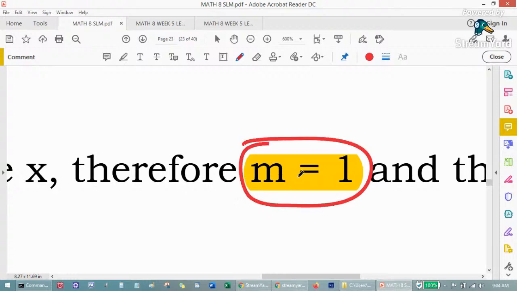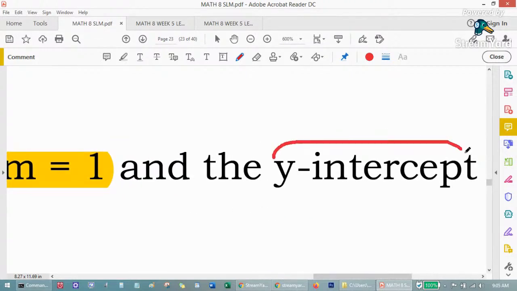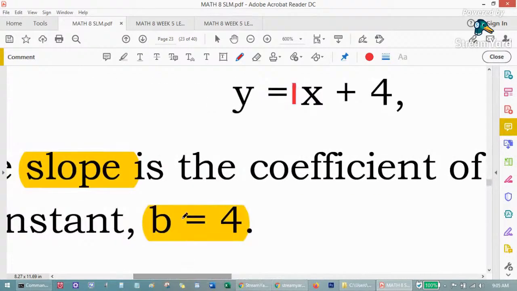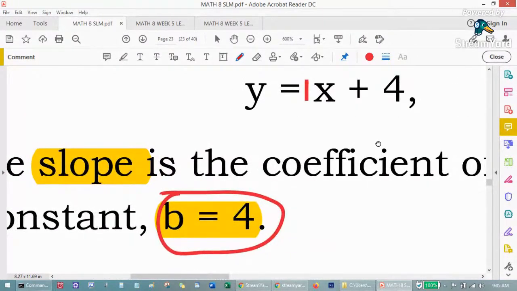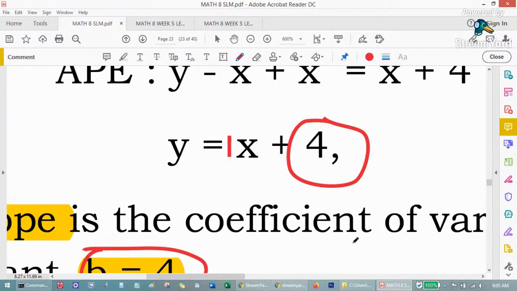Kaya ang slope, which is symbolized by m, is equal to 1. Okay? At ang y-intercept naman is b equal to 4. So that's the y-intercept.